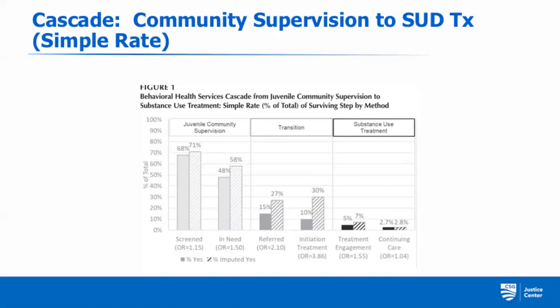So again, here you can see that in the community supervision area, they are essentially screening about 68% of the kids that come into the system, and that 48% of the kids that are screened actually have a substance use disorder.